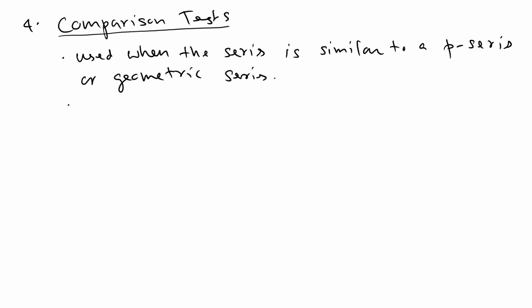So you're going to see something which is very close to a p series. It's not exactly a p series, but close to it. So that means we can do some simplification. That's the whole point. And then what we're going to do is compare with another series.